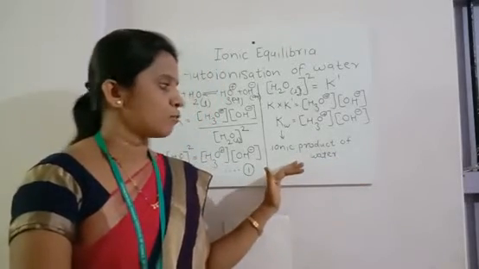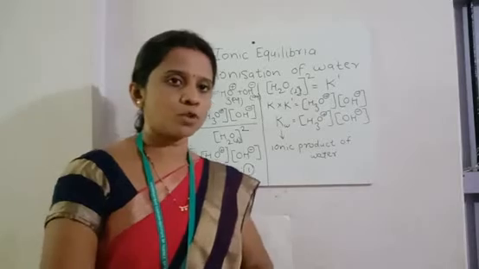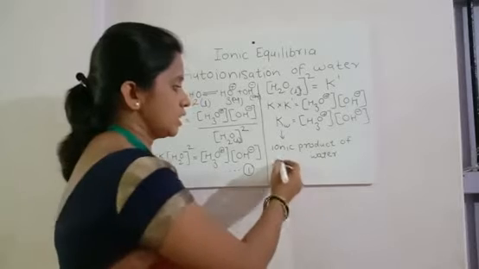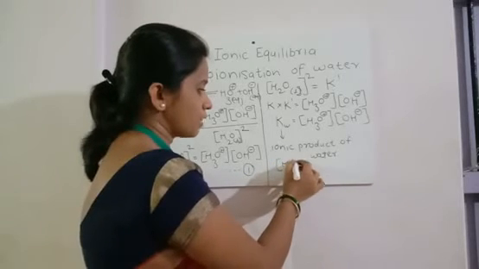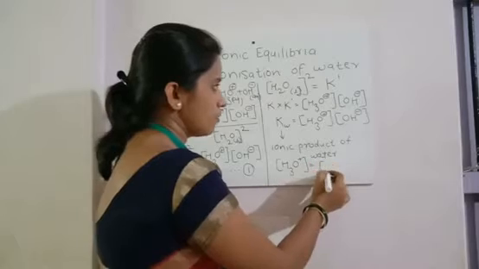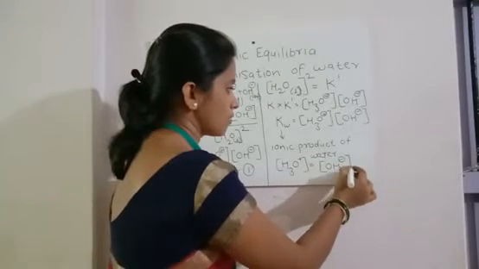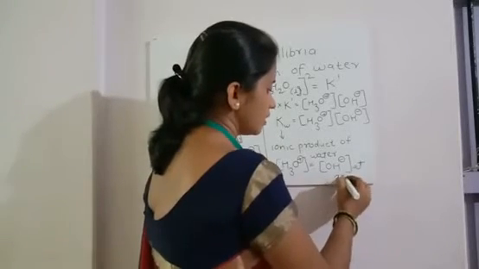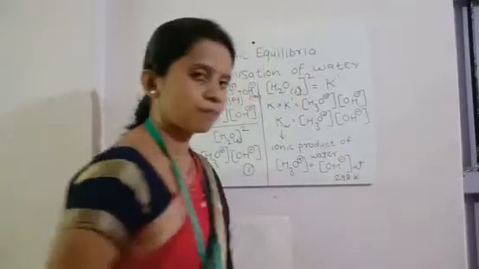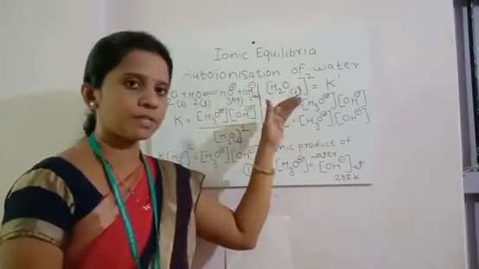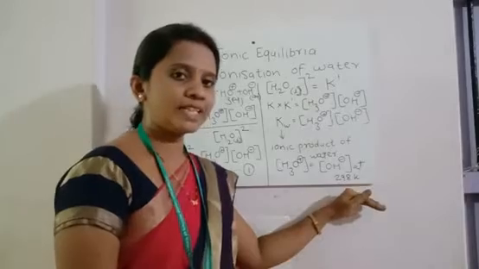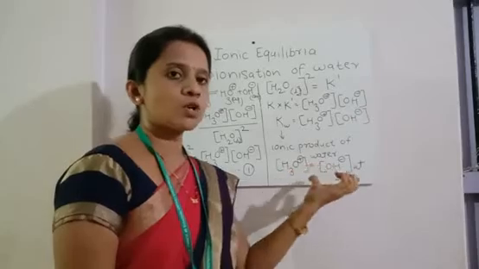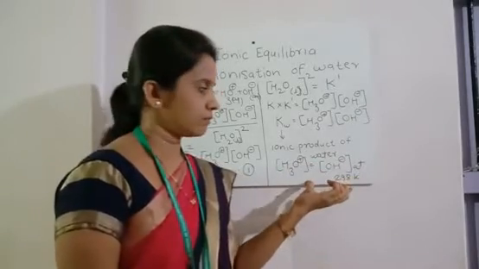Now for pure water, if we consider pure water at a given temperature, concentration of H3O plus is equal to concentration of OH minus at 298 Kelvin. So the reaction is at equilibrium temperature 298 Kelvin. So in that case, for pure water, the concentrations of these two ions are equal.